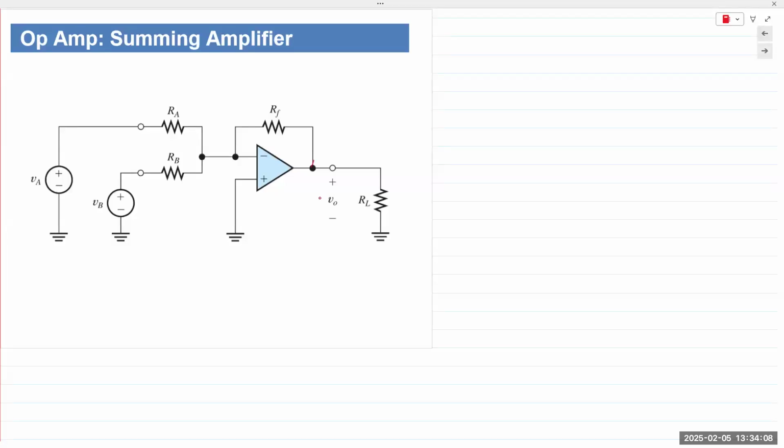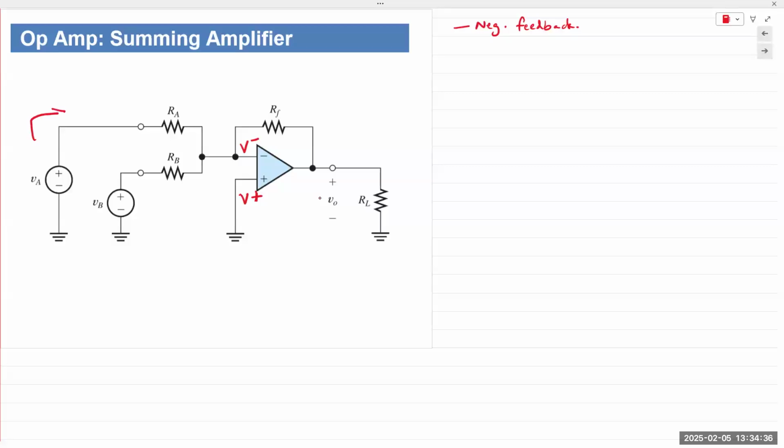If you look at the circuit, we again have negative feedback, so we can use the same analysis techniques. The non-inverting terminal is grounded, so V plus is 0, and V minus can also be considered to be 0.